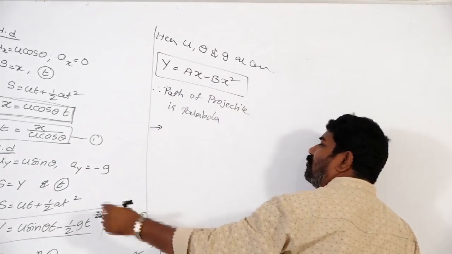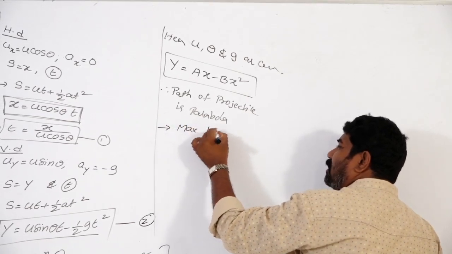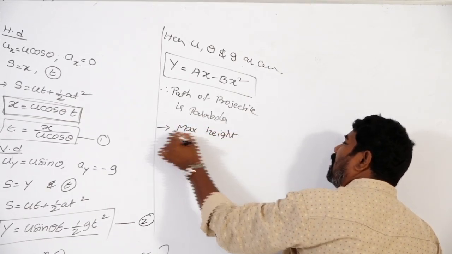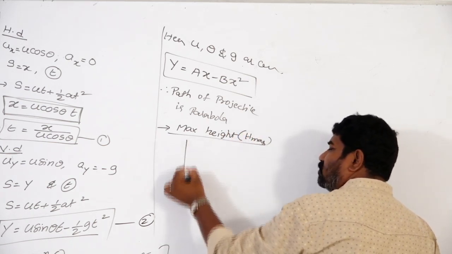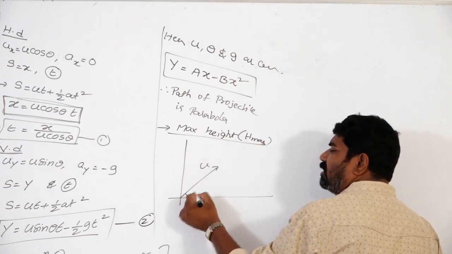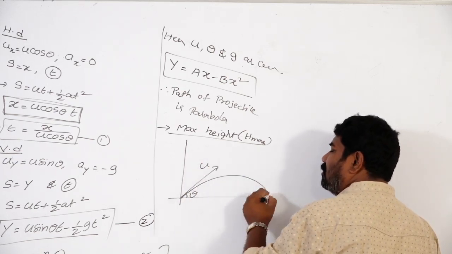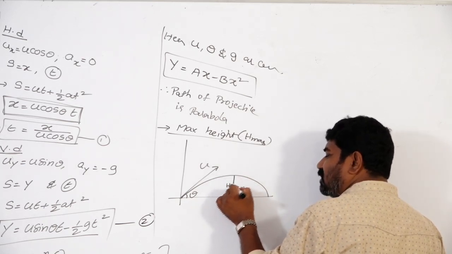Here, first of all, we go for the maximum height. What is the maximum height? H max. If a projectile is projected with the initial velocity at an angle θ, then this is the maximum vertical distance traveled.